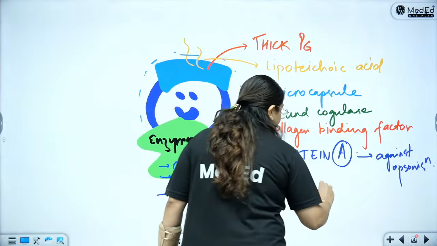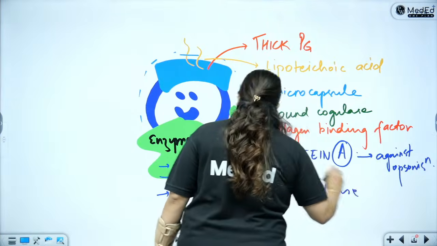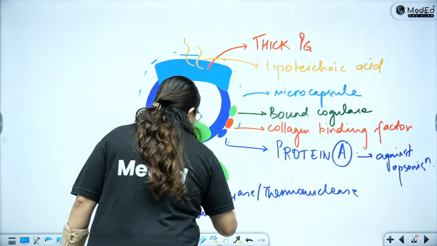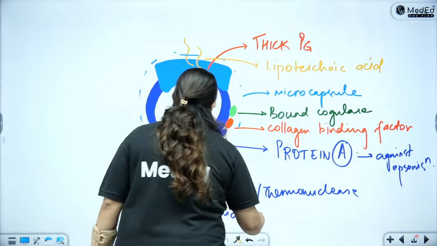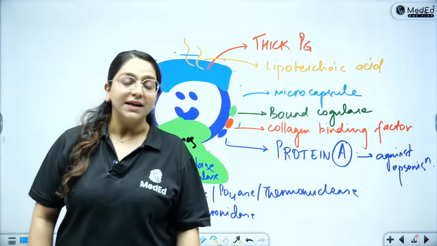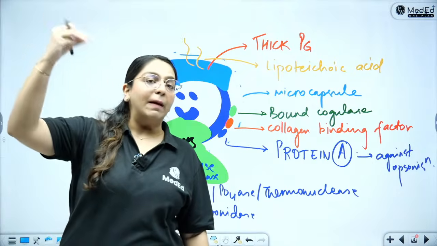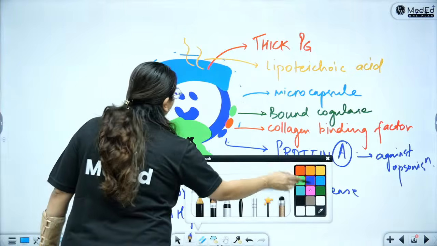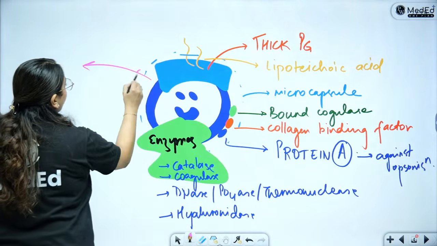And like I said, to break the cement of the cell so that it can cause an abscess, there is the hyaluronidase. Simple, easy, done, all the enzymes. So many virulence factors you're writing simply by having a mind map of how one thing is leading to another, right?